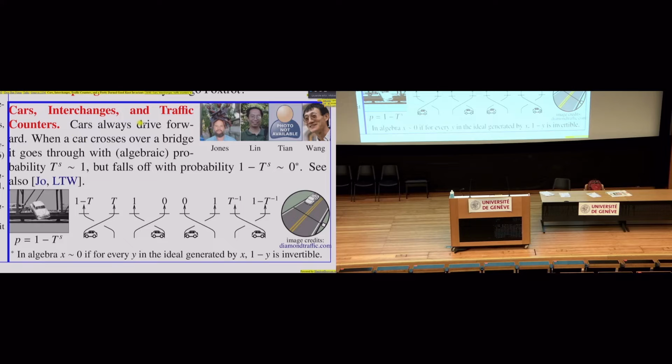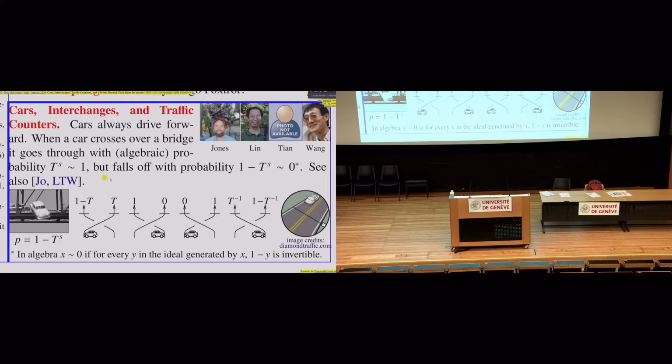Cars always drive forward on a knot, right? A knot has an orientation, so if a car drives along a knot, it always drives with the direction of the edges. When a car crosses under a crossing, it just goes through with no change.